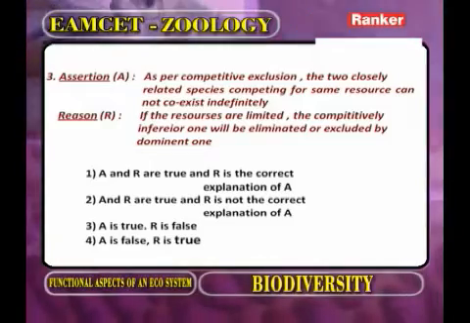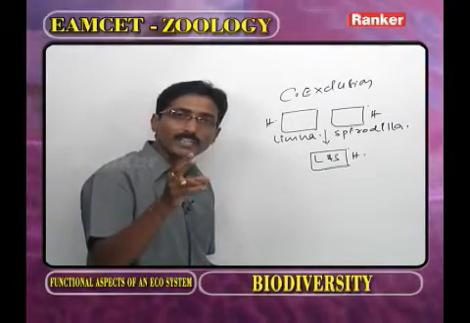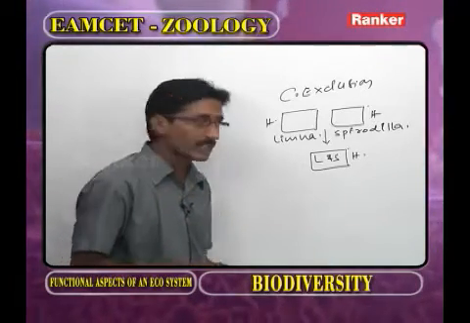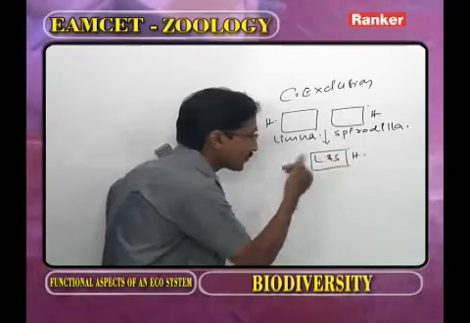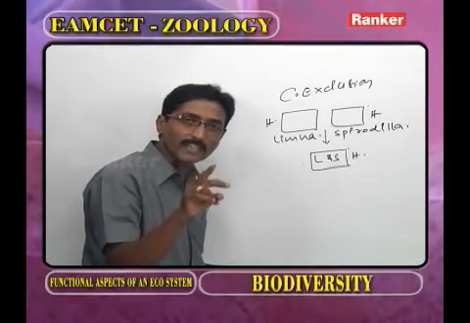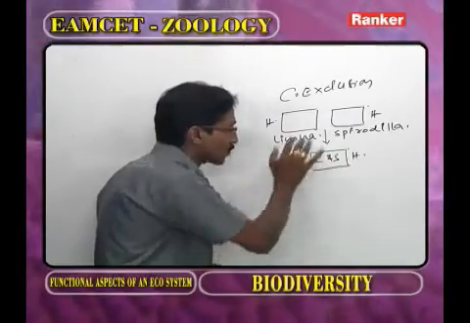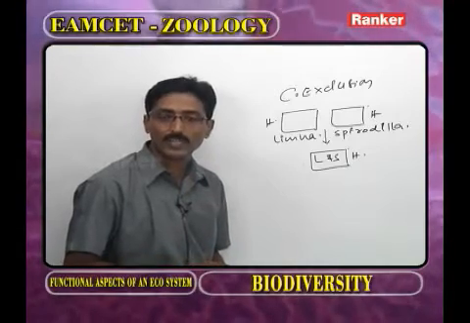Now Lemna and Spirodela are kept in the same habitat. Whenever they are present in the same habitat, they cannot exist indefinitely, because here the Spirodela is inferior, Lemna is superior. Whenever one superior and one inferior are kept in the same habitat, the superior one eliminates or excludes or removes the inferior one. That we call competitive exclusion.